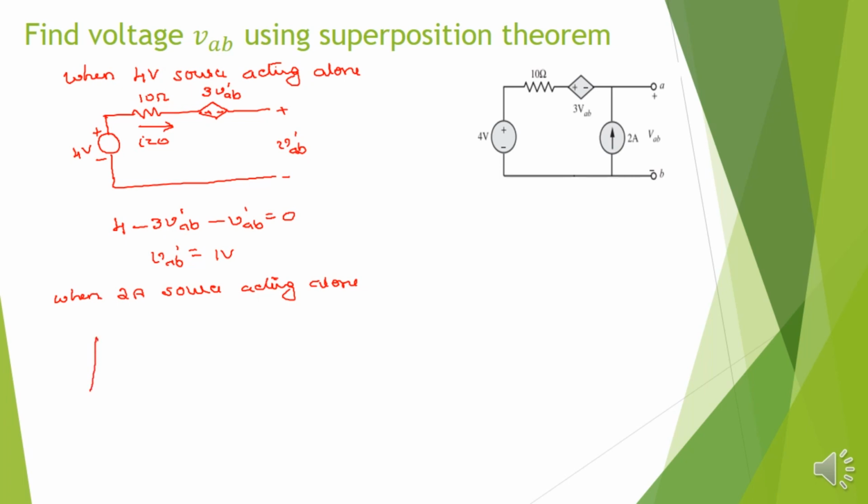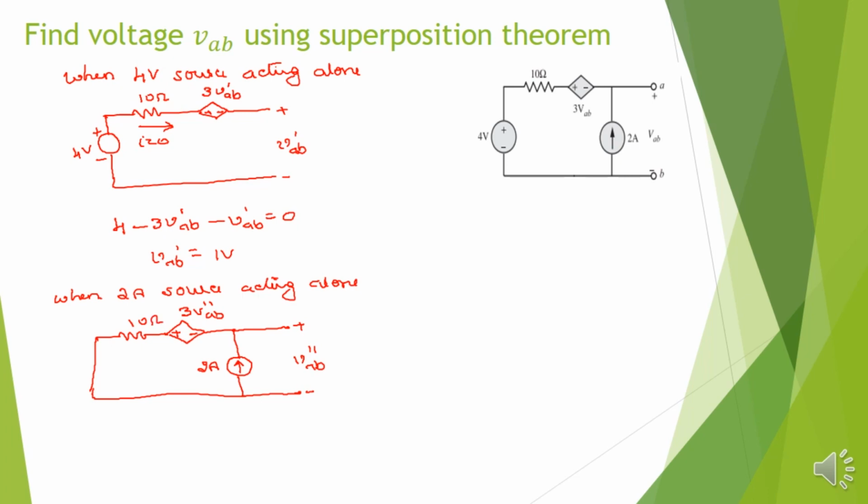This is 10 ohm, plus minus, VAB double dash. So this becomes 3 VAB double dash. This is 10 ohms.